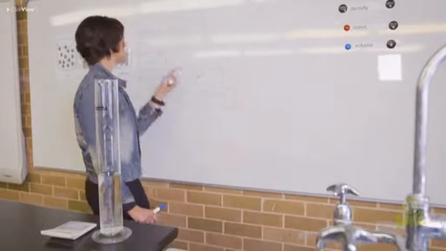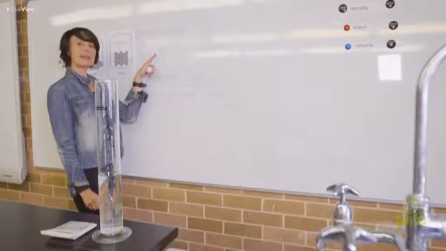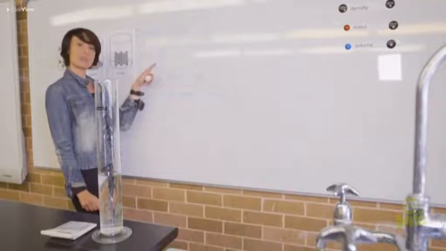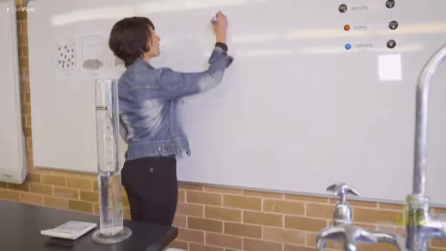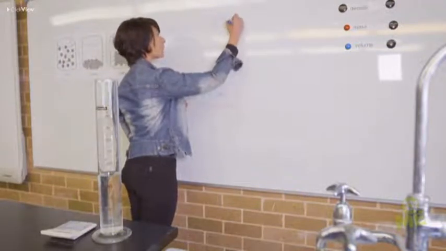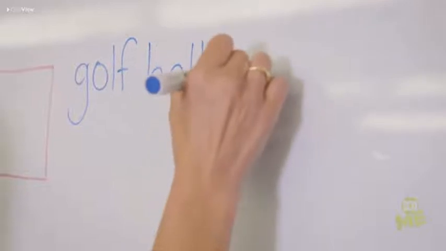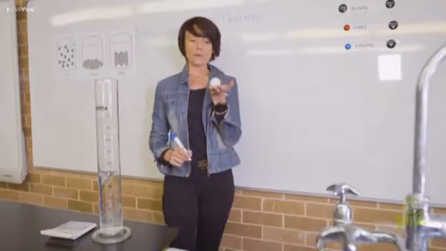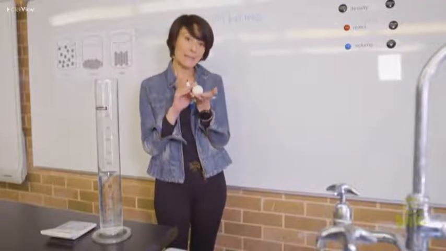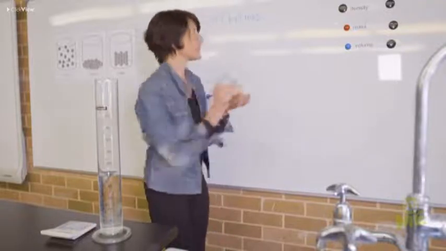We need to find out the golf ball's mass and the golf ball's volume. We know that the golf ball has a mass of 45 grams.